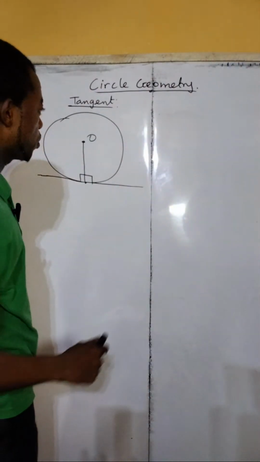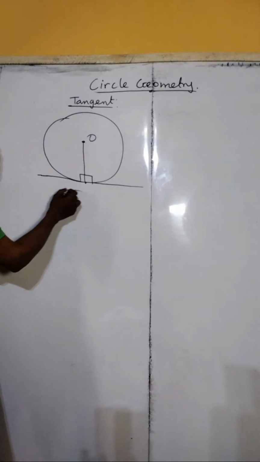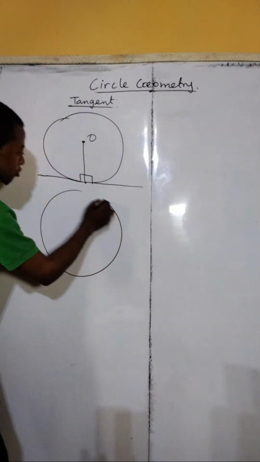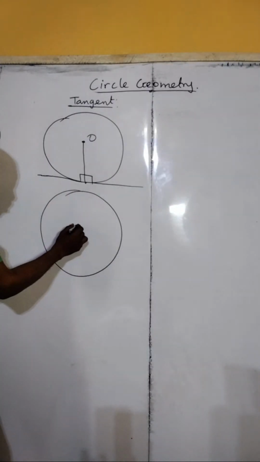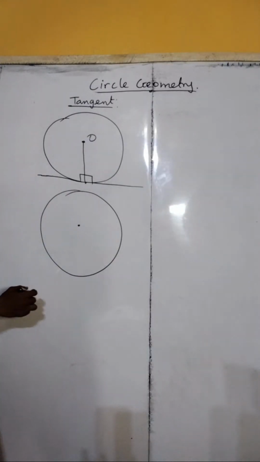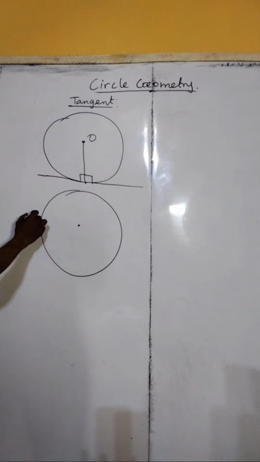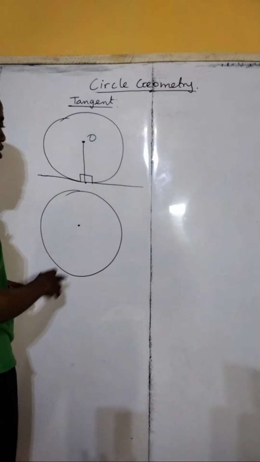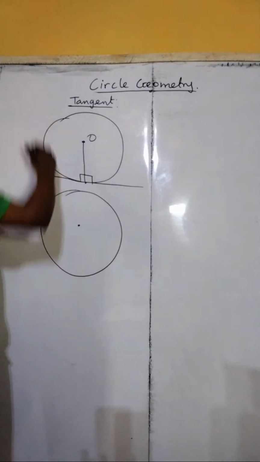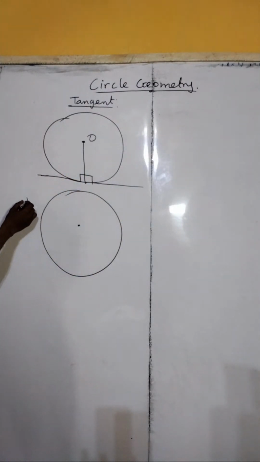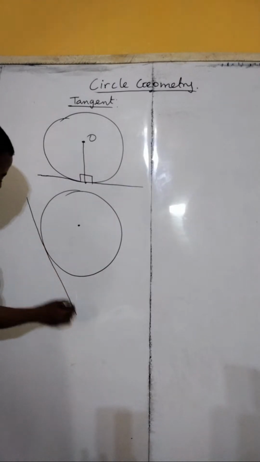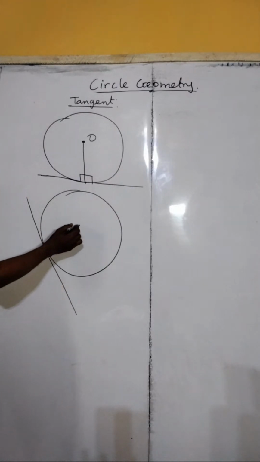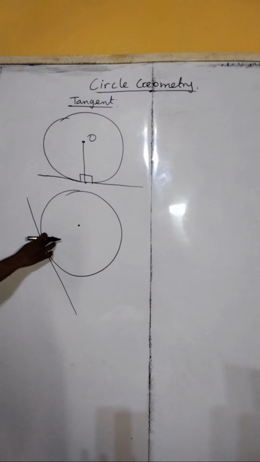And when we apply it to solving a problem, we can look at this problem here. We have a center and we have a tangent. So tangents can be drawn on any part of the circle. It's not compulsory that it's under, it might be beside. So we have a tangent here this way, having a point of contact here at the circle, and a line is drawn here to the point of contact.